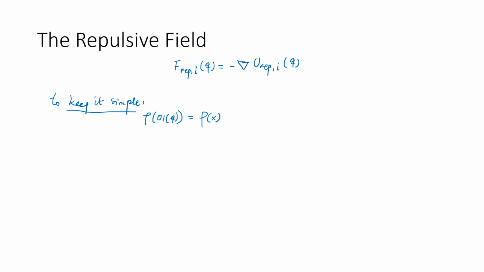If you do that, you can compute the minus del of U repulsive on that ith joint in a very easy fashion. That would be minus the partial derivative with respect to x, because this is only acting in the x direction, of half eta_i times 1 over rho of x minus 1 over rho naught, squared.